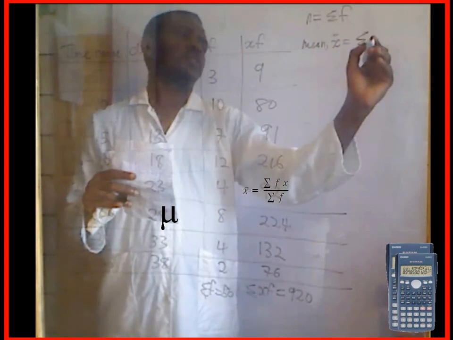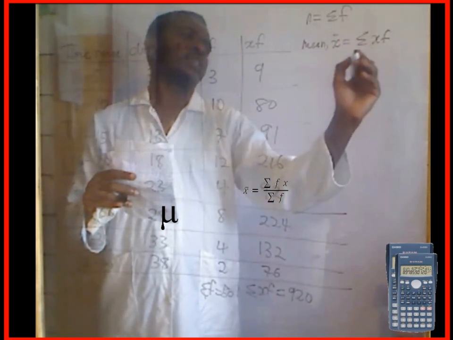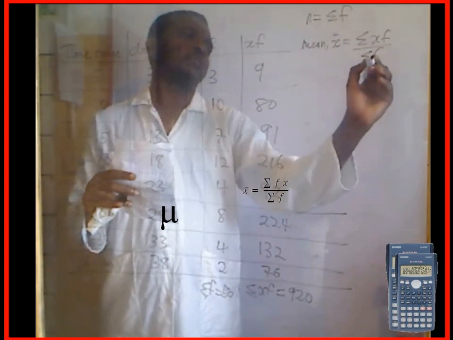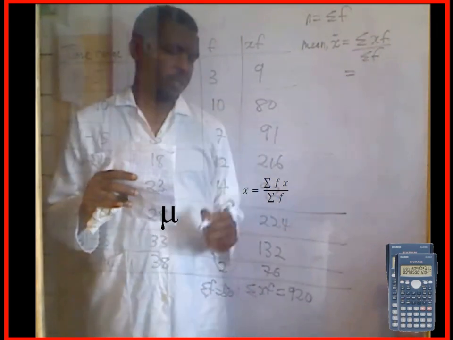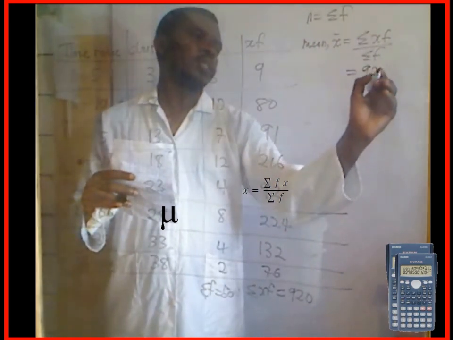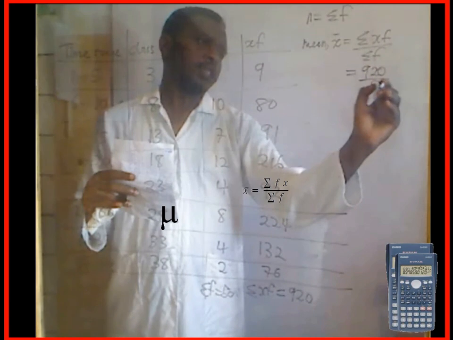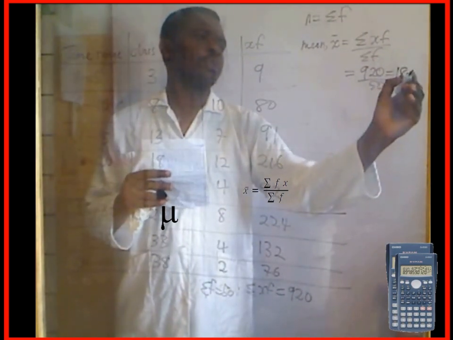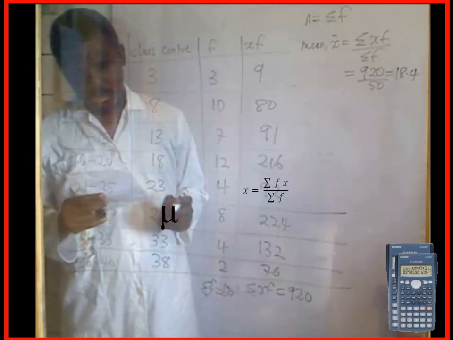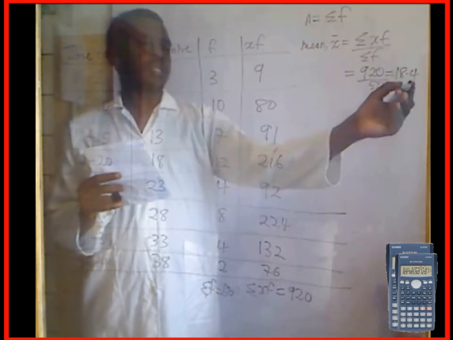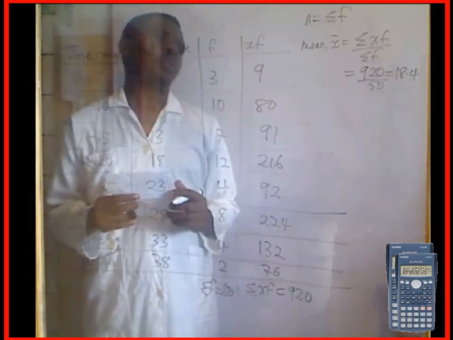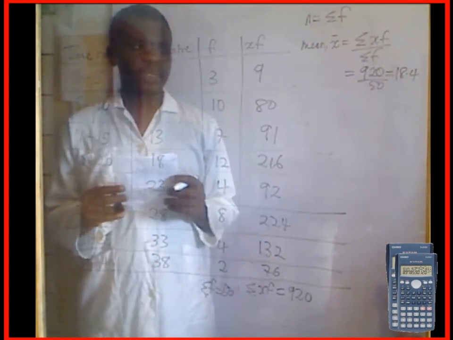Summation of the product between class center and frequency divided by the summation of frequency. This will give us 920 divided by 50, 18.4. I will use this exact mean of 18.4 to calculate our standard deviation.